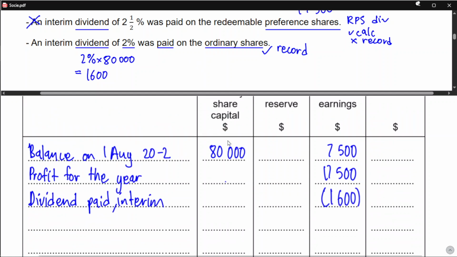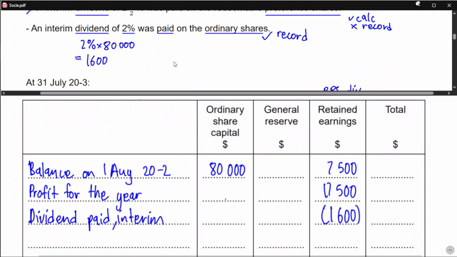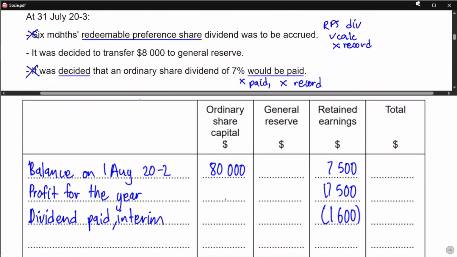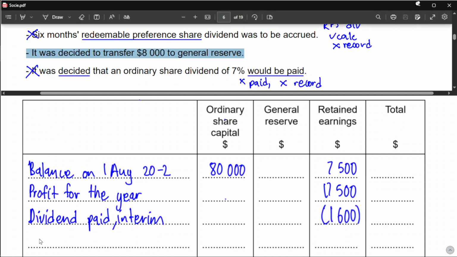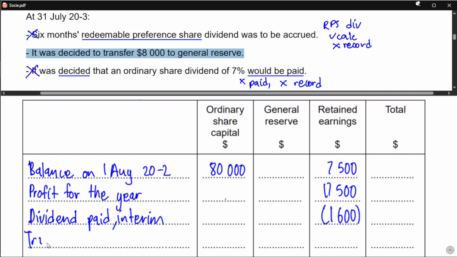Continue. Ignore. This one, transfer to general reserve, 8k.